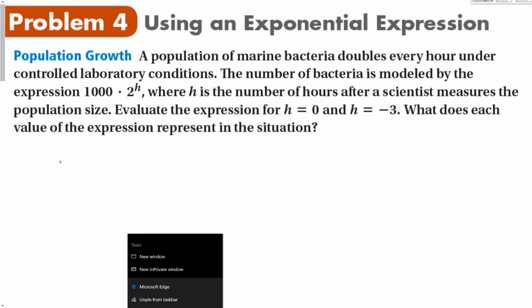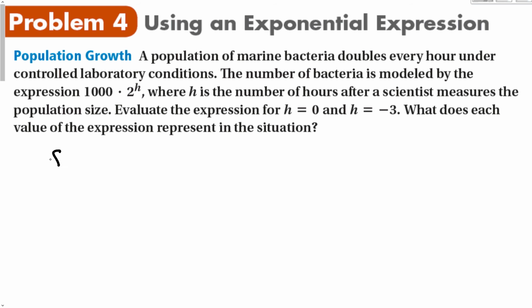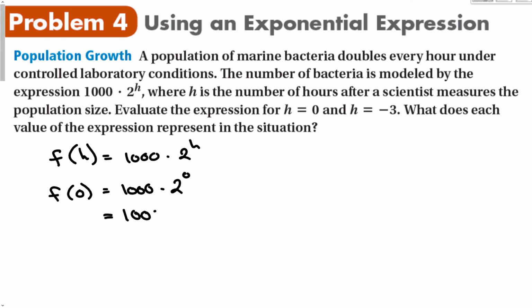Okay, so here's my function. The variable is h, so we can say f of h is 1,000 times 2 to the h power. If we plug in 0, we get 1,000 times 2 to the 0 power. Anything to the 0 is 1, so that becomes 1,000 times 1, which is just 1,000.